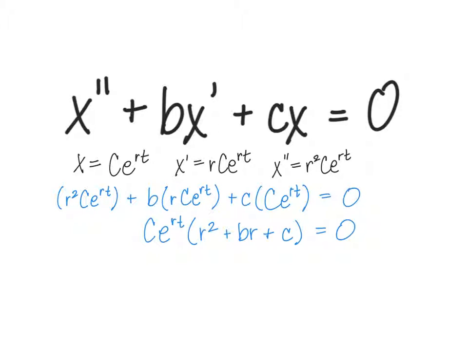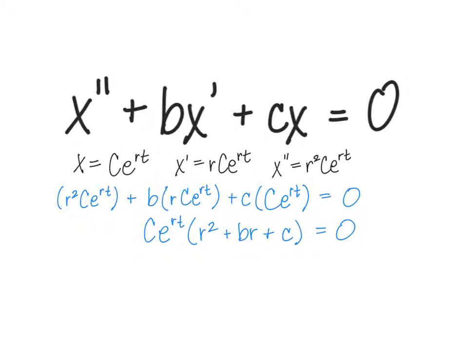Now, our characteristic equation can be arrived at just by looking at the second order differential equation. We see that the coefficient on r squared is the same as the coefficient on x double prime. The coefficient on r is the same as the coefficient on x prime. And the coefficient on 1 is the same as the coefficient on x.